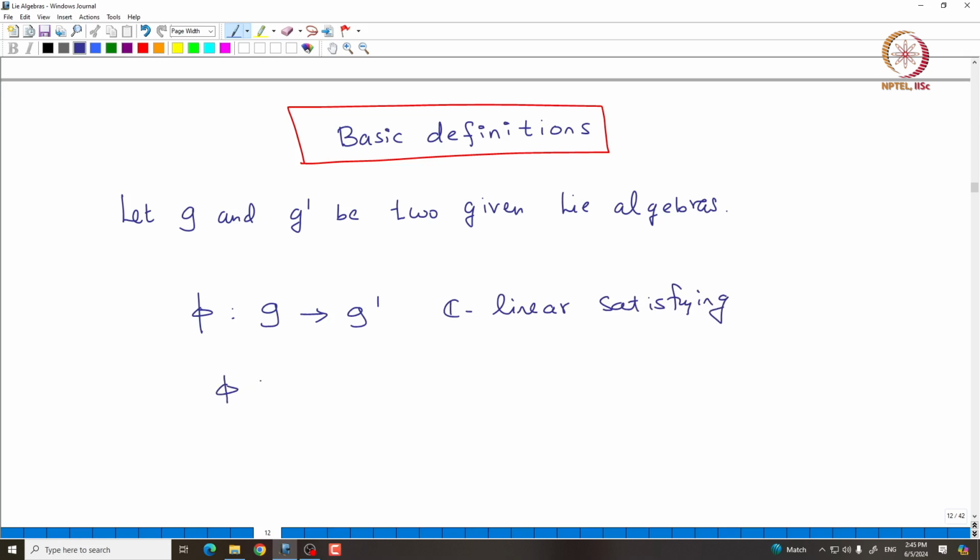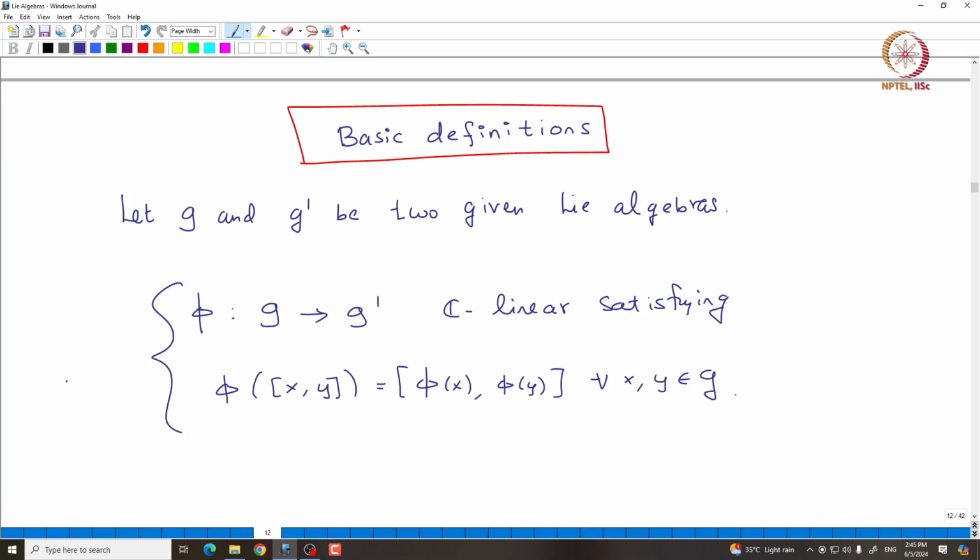If you take pi of the bracket xy, that is supposed to be equal to the bracket of pi of x, pi of y, and this should be true for all x, y in G. So, that means this pi is not only a C-linear map, it also preserves the Lie structure. So, we use both homomorphism or Lie homomorphism to denote this kind of maps. So, this pi is called Lie homomorphism.